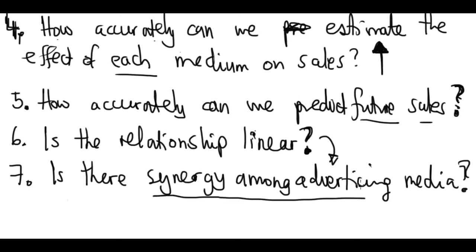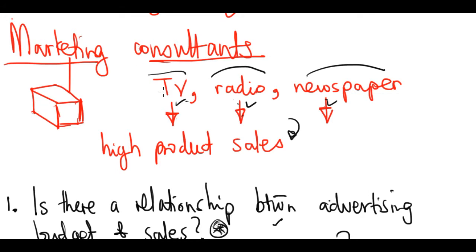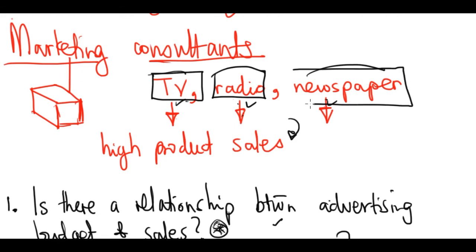When we go up here, we are spending money for TV advertising, radio advertising, and newspaper advertising. But the truth is, maybe when we put money into newspaper advertising, and the person is passing a billboard, or listening to the radio and our advert plays.